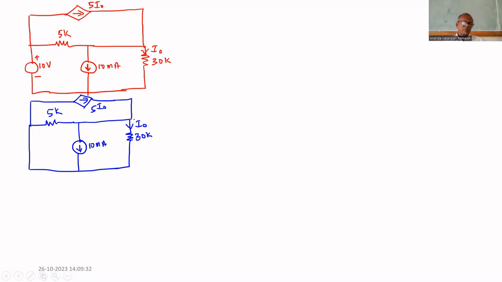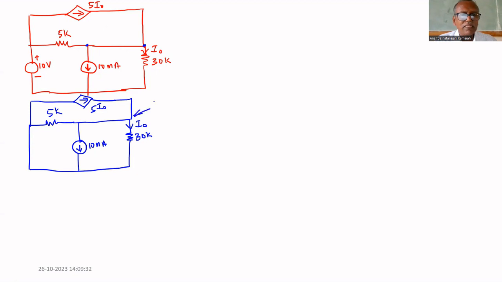So, how many nodes are there? Only 2 nodes, because this and this are at the same potential. Only 2 nodes are there.